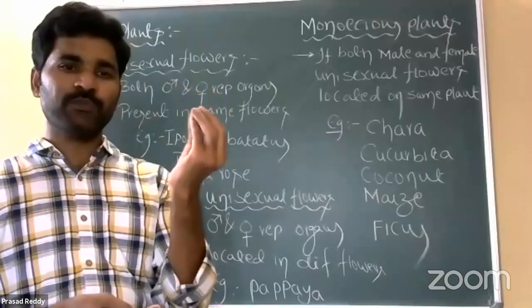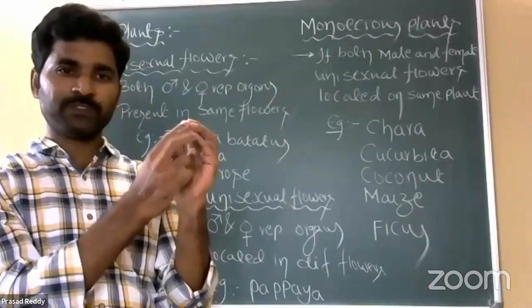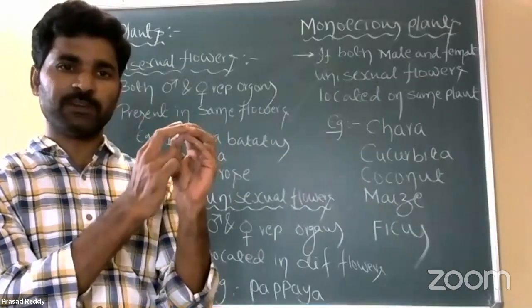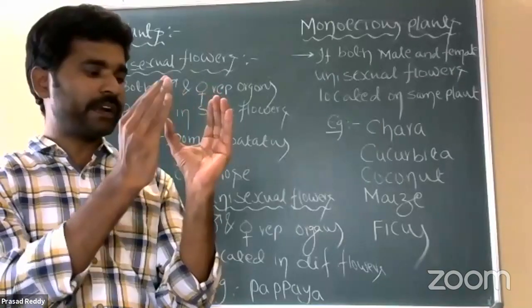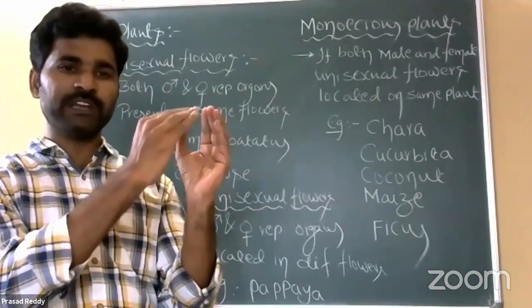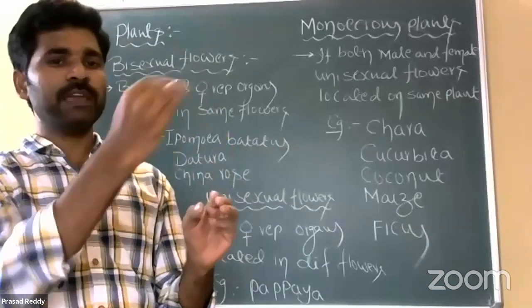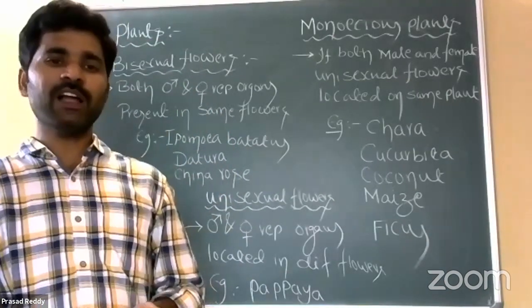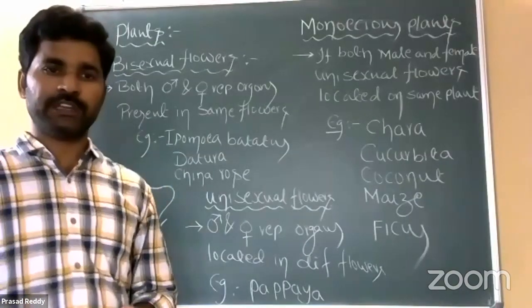A fig fruit has an apical opening, a small pore or hole-like structure. In between the male and female flowers, gall flowers, which are sterile flowers, are located.